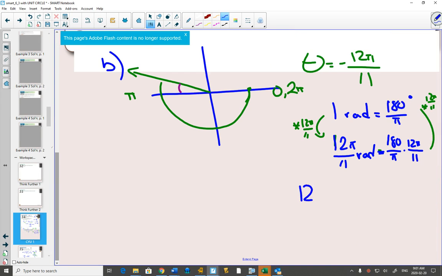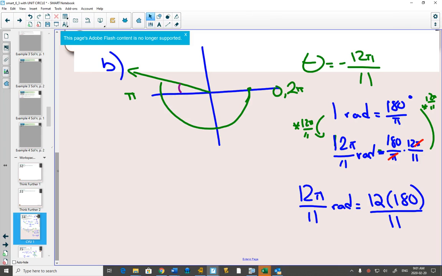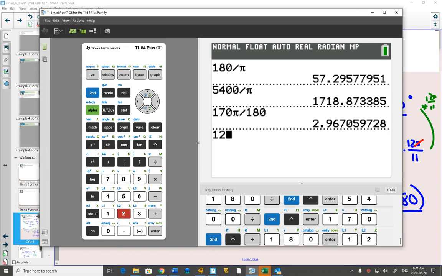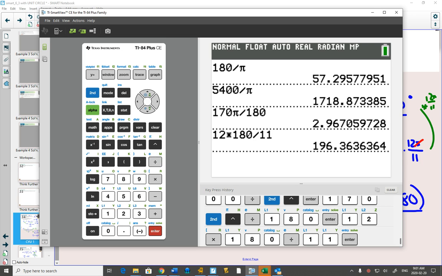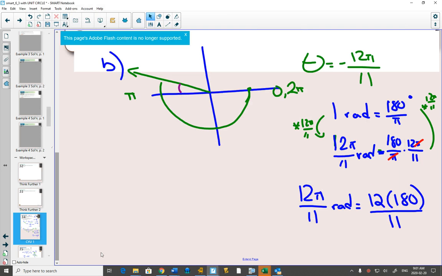And when simplifying this, can you see that the pi's are going to cancel out? And so on the top, I'm going to get 12 times 180 over 11. If I type this into my calculator, 196.4 degrees.